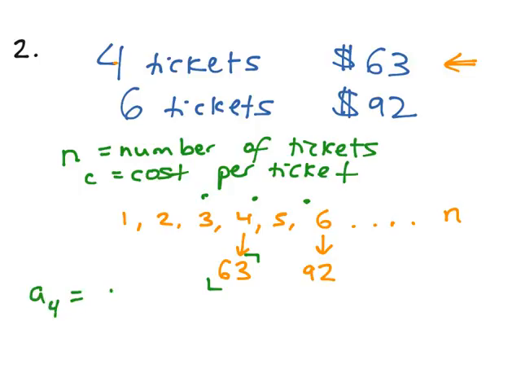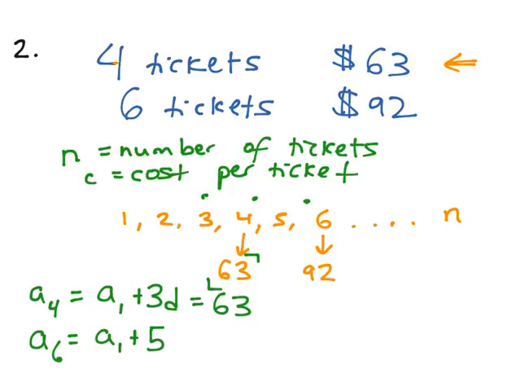A4 is equal to the first term, A1, plus 3D, D being the difference between terms, which is 63. A6 is equal to A1 plus 5D, which we're given is 92.